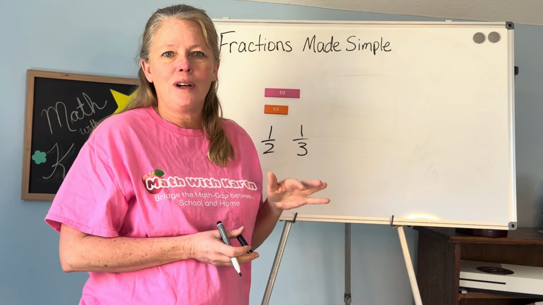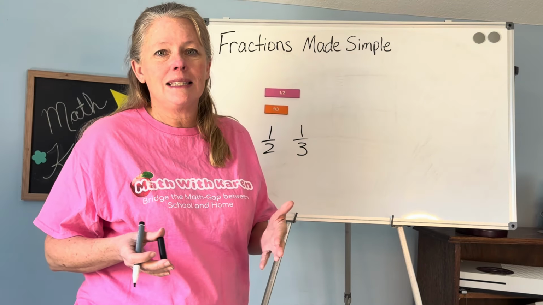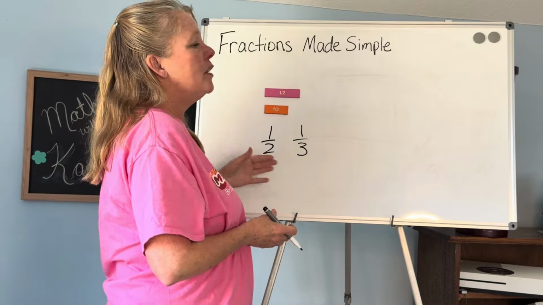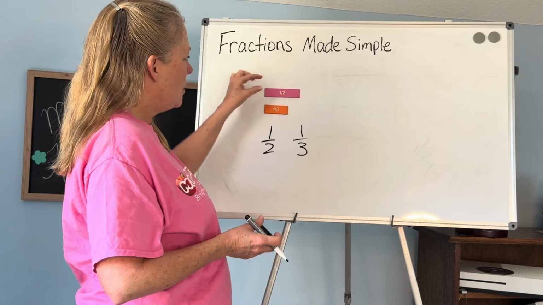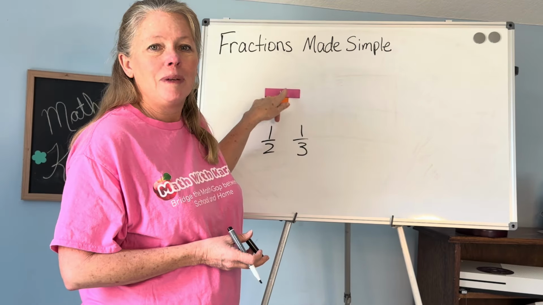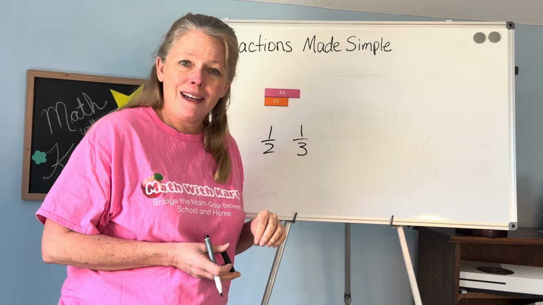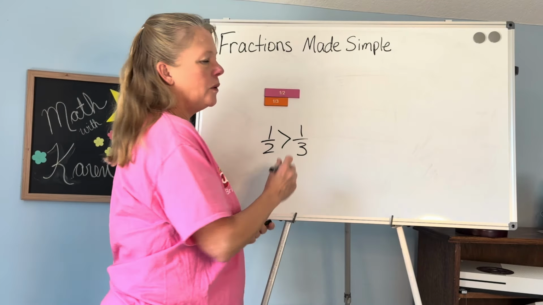Remember, fractions don't work that way. The denominator talks about the number of pieces in the whole, and the fewer the pieces, the bigger they are. So when you have 1/2 and you compare it to 1/3, your pieces are bigger because you don't have as many. So 1/2 is greater than 1/3.